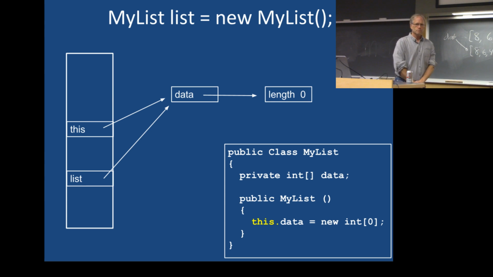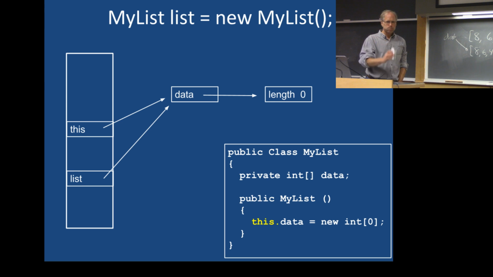So this dot data just means this is an object, and data is an instance variable of the object. As the value of that instance variable, we store an empty array.